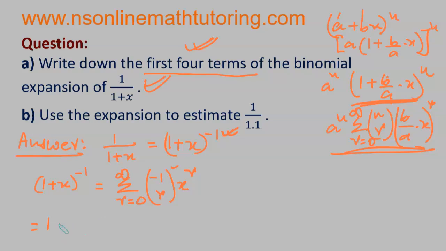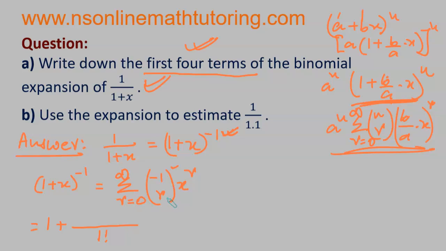Plus the second term. First of all, this will be x raised to the power of 1, we will be having x, but first of all let us deal with the nCr part. The denominator will be r factorial, that is 1 factorial, because r is having a value of 1.